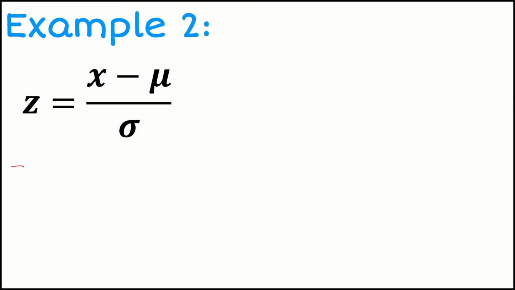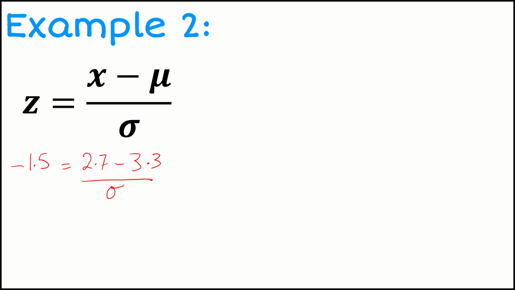So our Z value is negative 1.5. The X value was 2.7 kilos minus the mean of 3.3 divided by the standard deviation, which we're going to work out. Okay, so let's get rid of this divided by standard deviation, so that fraction line.